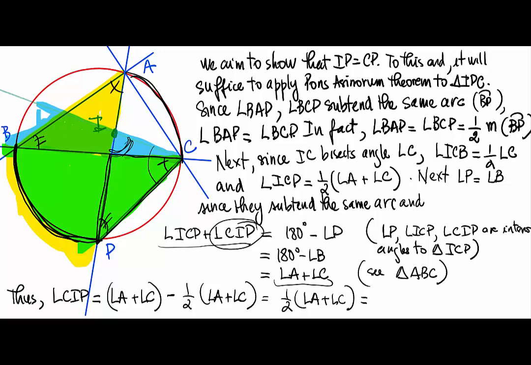This is precisely also equal to angle PCI. So by Pons Asinorum, we can then conclude that IP is equal to PC, and this is the desired result.